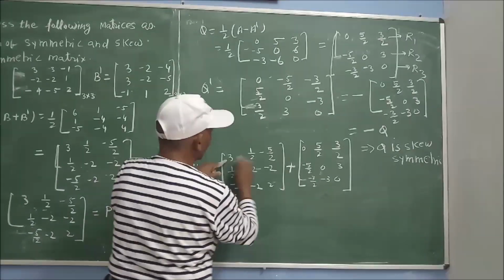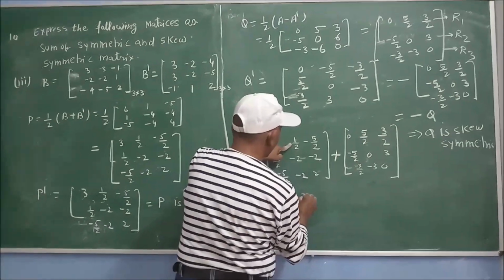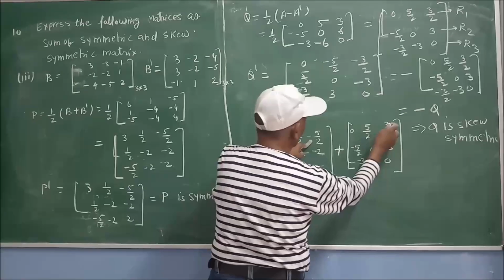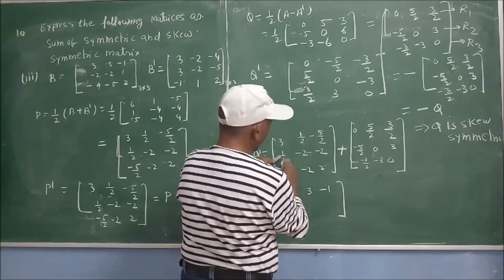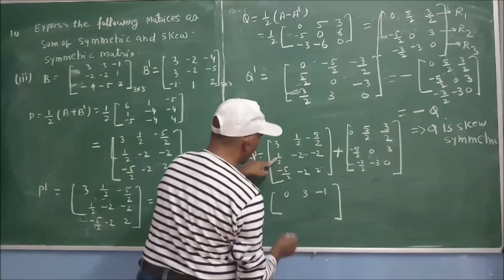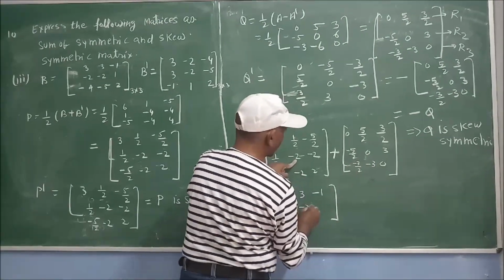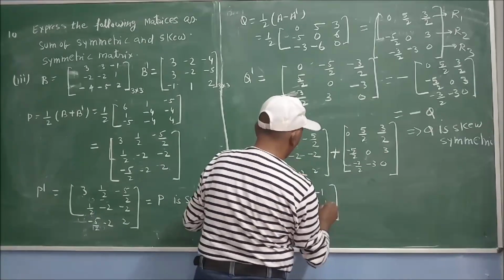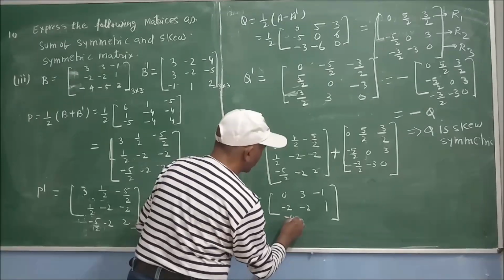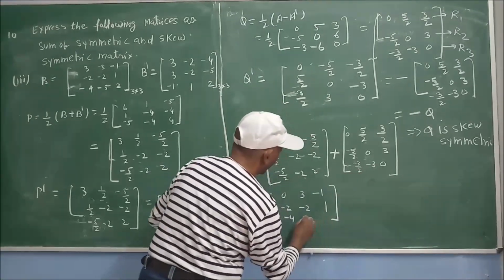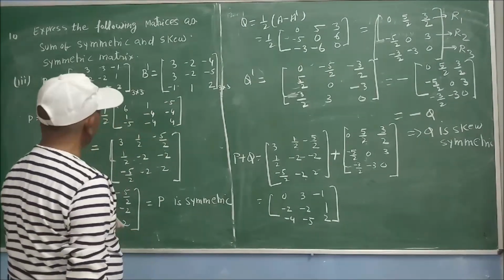You will get 3 plus 0 is 3; 1 by 2 plus 5 by 2, this is nothing but 3; minus 5 by 2 plus 3 by 2, this is nothing but minus 1; 1 by 2 minus 5 by 2, so minus 4 by 2, this is equal to minus 2; minus 2 plus 0, minus 2; minus 2 plus 3, 1; minus 5 by 2 minus 3 by 2, minus 8 by 2, that means minus 4; minus 2 minus 3, minus 5; and this is equal to 2. So check here whether it is correct or not.